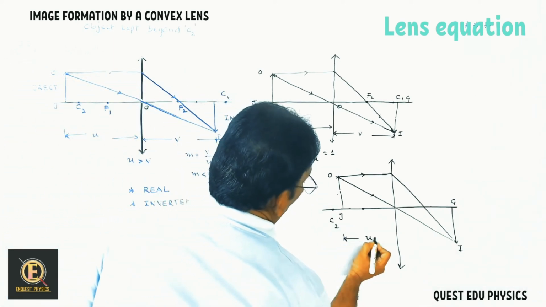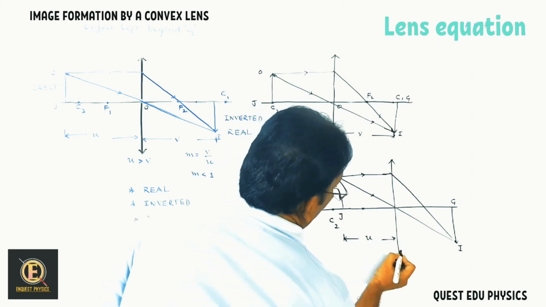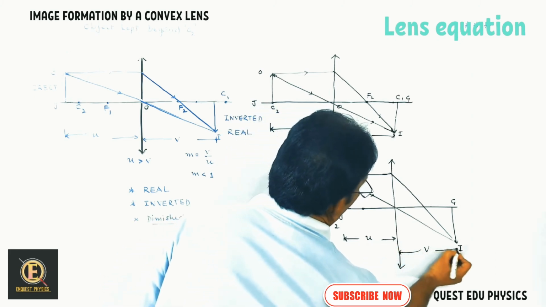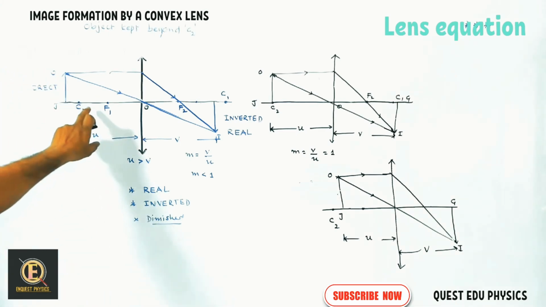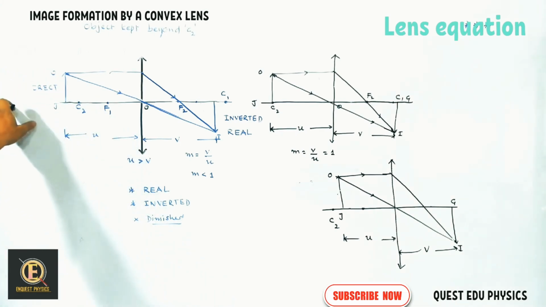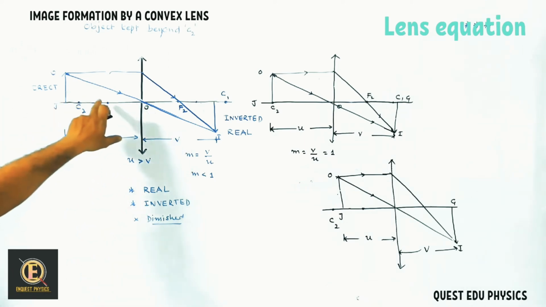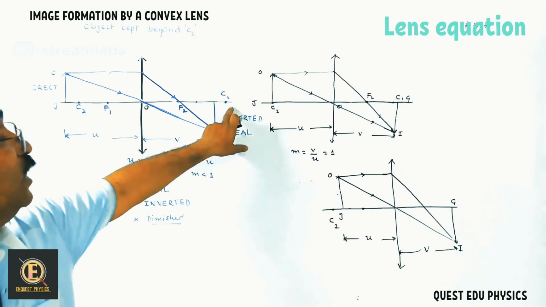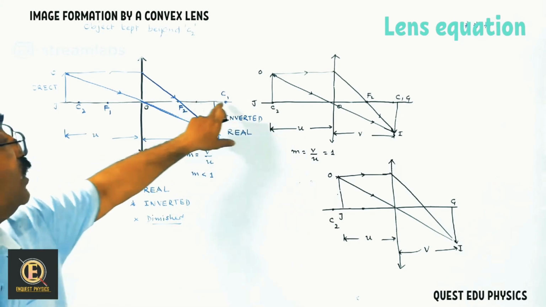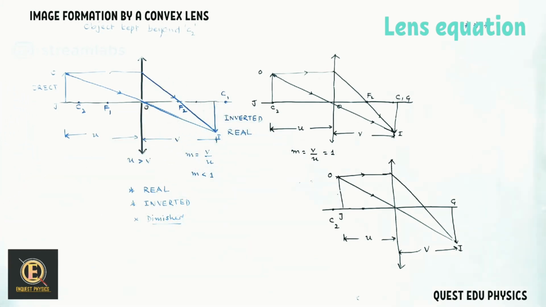It is the object distance u and it is the image distance v. See here students, when we are away from the center of curvature, then the image is formed in between the focus and the center of curvature.